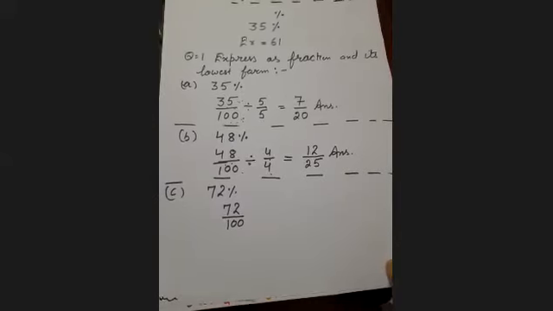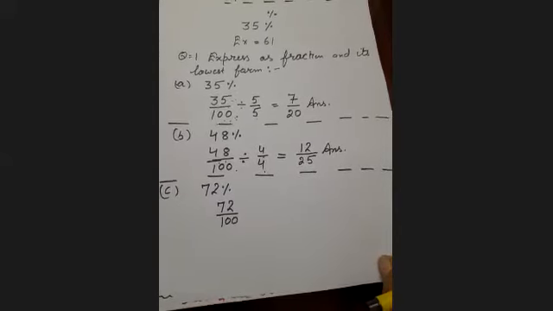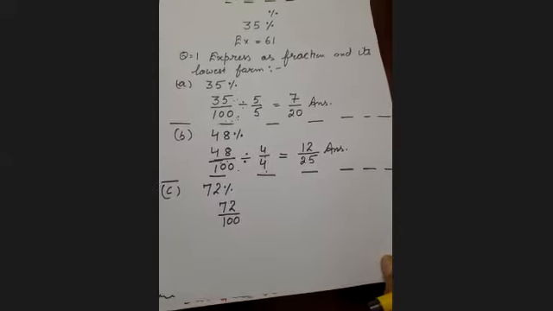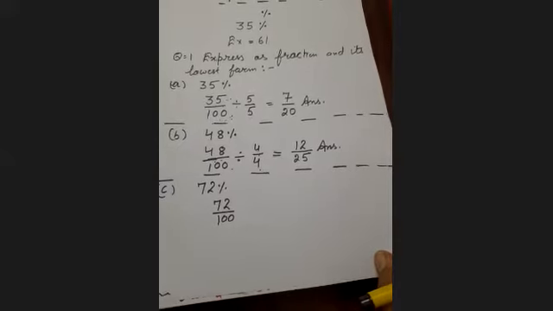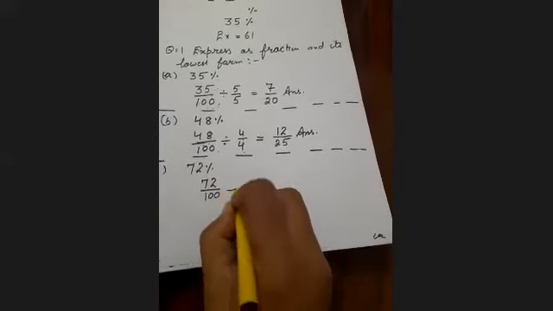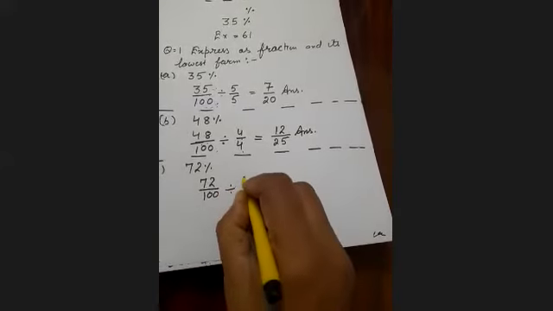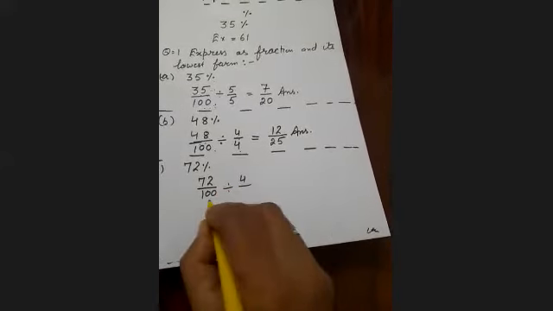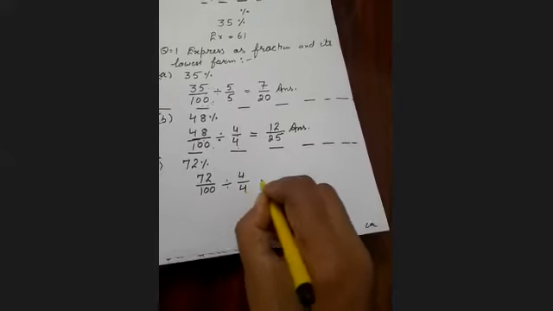Now convert 72 upon 100 into its lowest term. For this, students, again we will divide by 4. 72 divided by 4, 100 divided by 4.